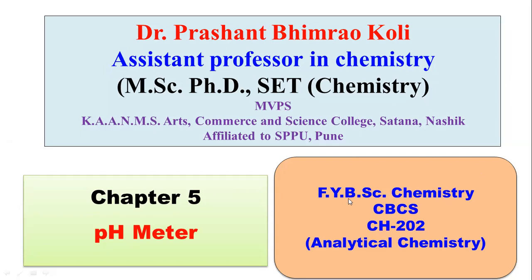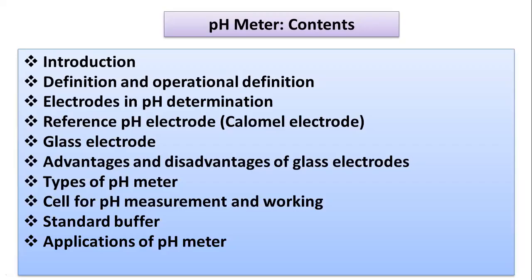In today's video, we'll deal with the last chapter from the FYBSc Chemistry syllabus CH202 Analytical Chemistry, that is pH meter. Dear friends, today we will discuss some important topics from the chapter pH meter. So what is the content given in the syllabus?